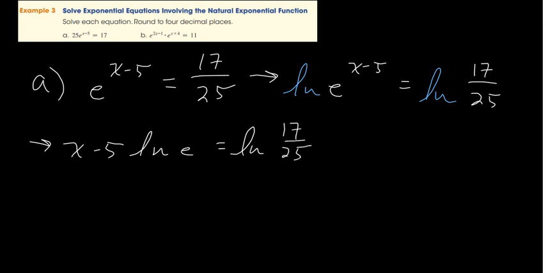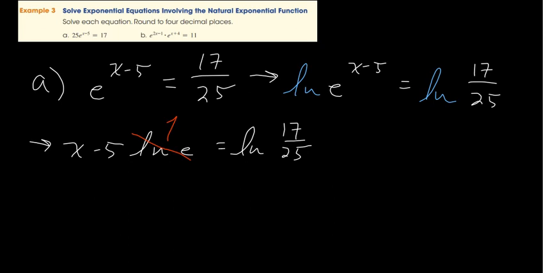As we have seen, the natural log of e is just 1. That was something that we did the other day, or Monday actually. We just put natural log of e into our calculator and we got 1. So this essentially just goes away, no big deal, because it is 1, and 1 times anything is anything. So this becomes x minus 5 is equal to the natural log of 17 over 25.